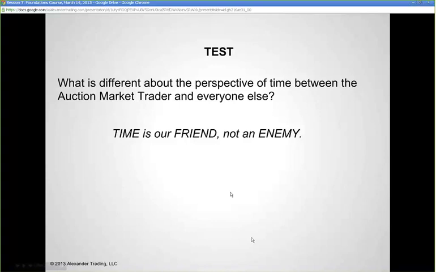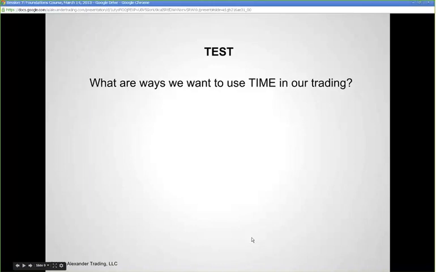We can use time in a number of different ways, and we'll talk about some of that as we go through. But let me ask you guys, what are some of the ways that time comes into play in your trading? Yeah, Troy, time of day. Time of day is certainly important.